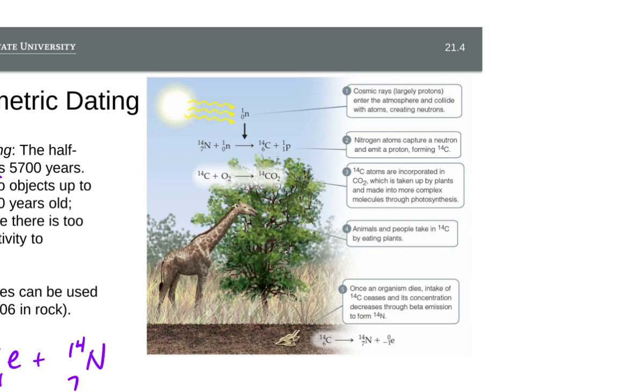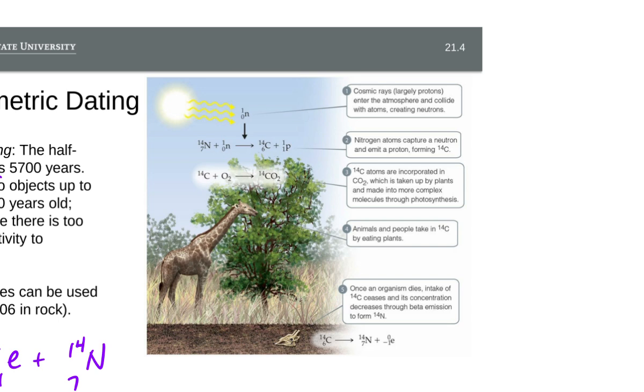Okay? And they create neutrons, and then those neutrons are captured by nitrogen atoms, which then create the carbon-14. Carbon-14 is then taken up by plants, undergoes photosynthesis, and then enters into essentially the entire food chain, and more complex molecules are made. It's incorporated in lots of ways.